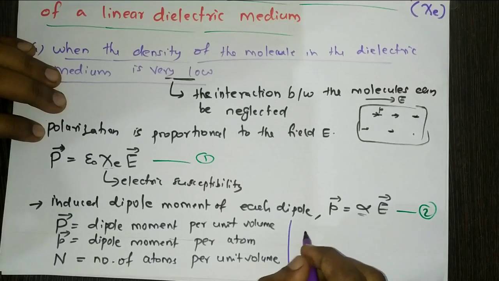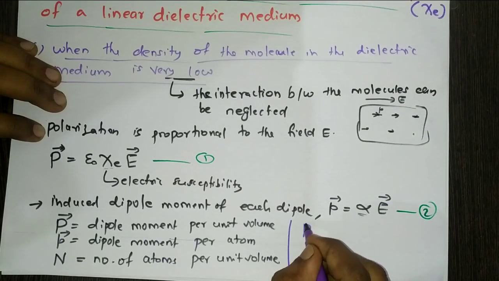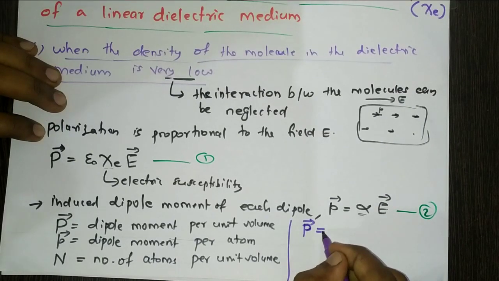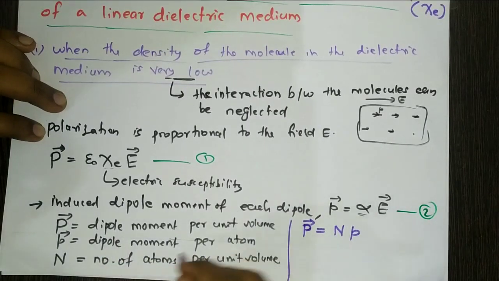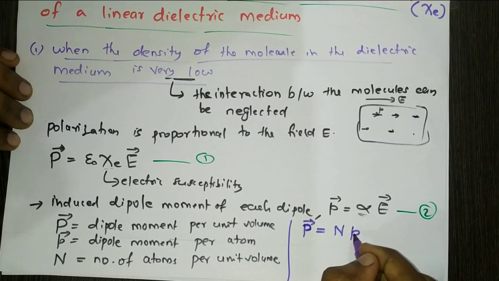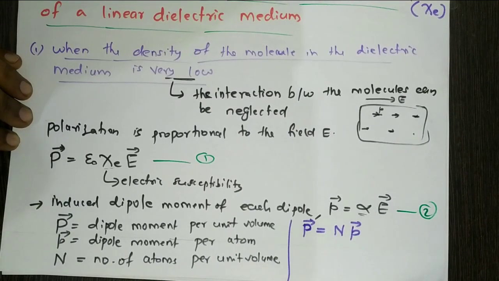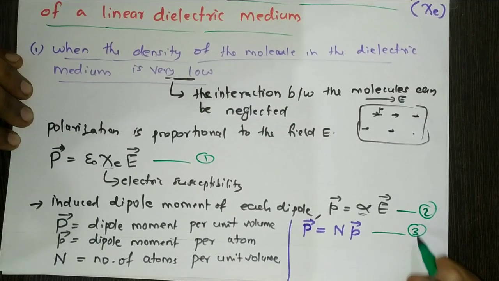That is, this capital P polarization is equal to N, the number of atoms per unit volume, multiplied by the dipole moment per atom. Let me put this as equation number 3.